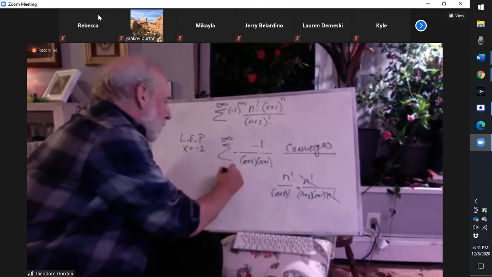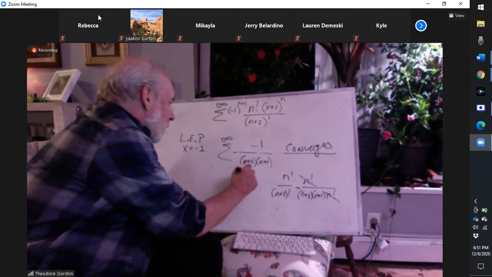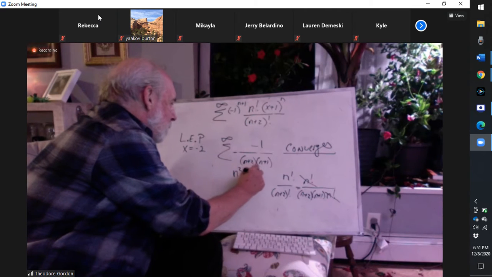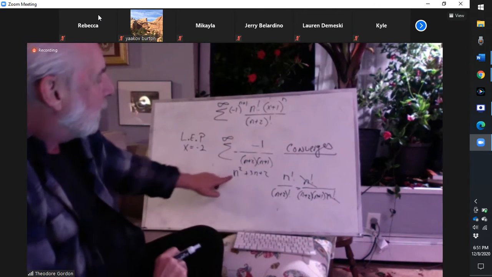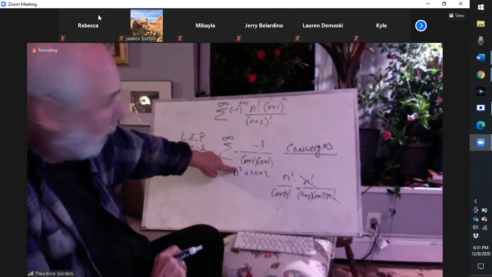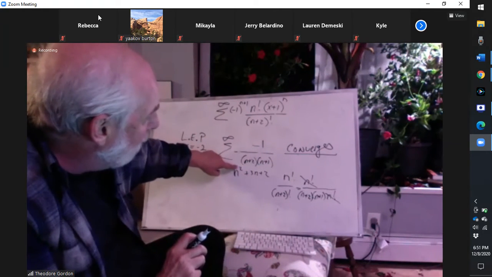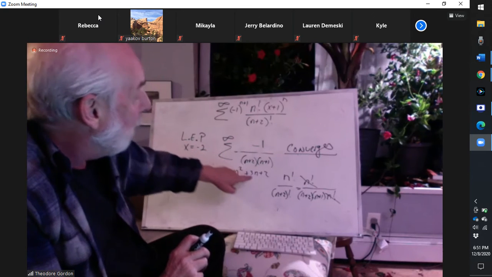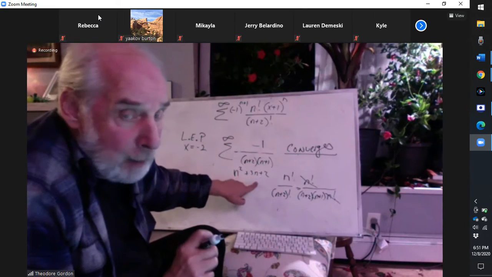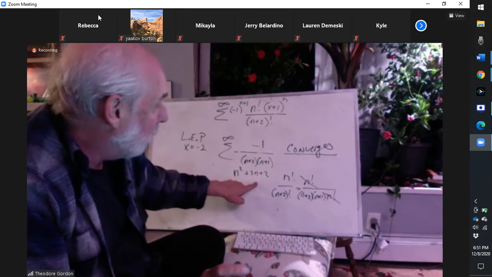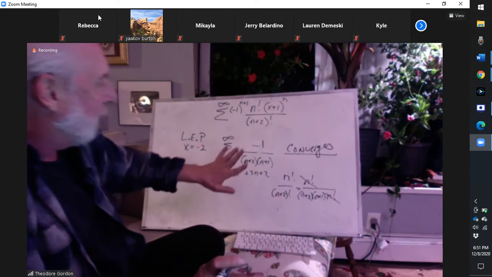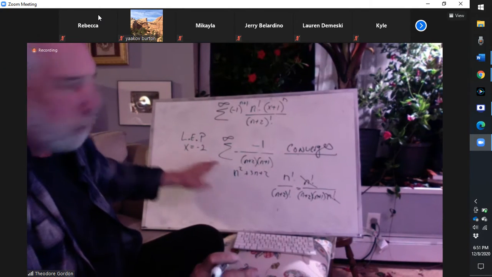We multiply this out, we get n squared plus 3n plus 2. Because of that n squared, that converges because it's a p series. 2 is bigger than 1, that's a p series. And these two terms make the denominator even bigger. So this is going to converge a little faster than that. So at the left endpoint, we converge.